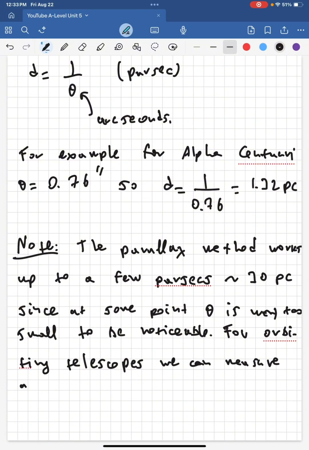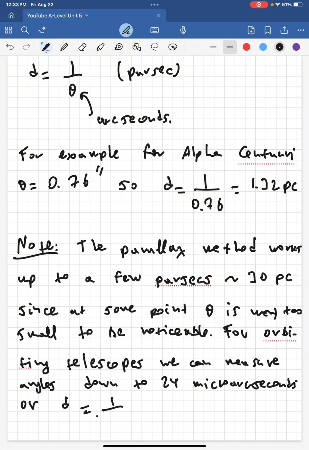We can measure angles down to 24 micro arcseconds, or d is 1 over 24 times 10 to the negative 6, because 1 micro arcsecond is 10 to the minus 6 arcseconds.